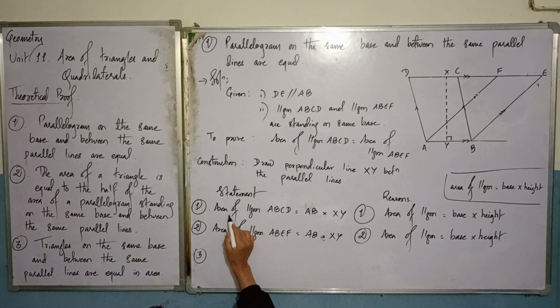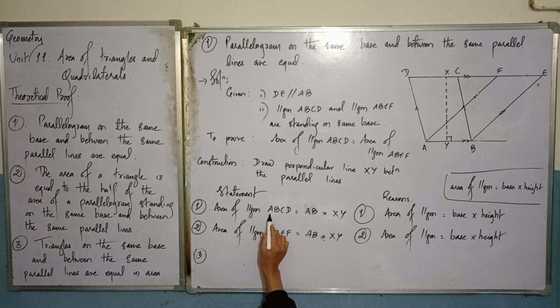Okay, so now in number 3, the area of parallelogram ABCD is equal to AB into XY, and the area of parallelogram ABEF is also AB into XY.